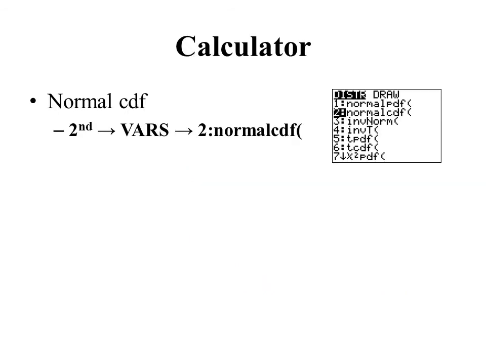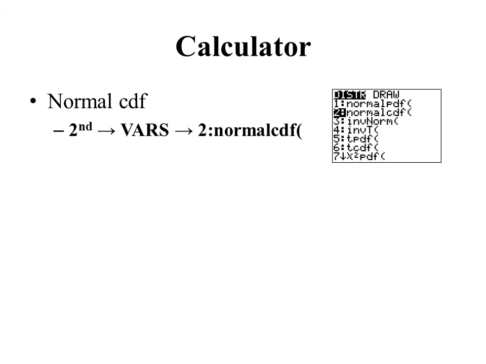Lastly, let's talk about how we can do some of these calculations on our calculator. The formula for the normal CDF is built into the calculator, as a generic normal CDF that will work for a standard normal distribution as well as a non-standard normal distribution.